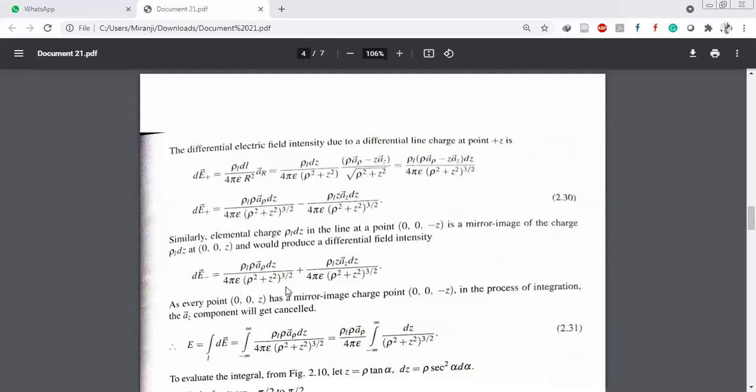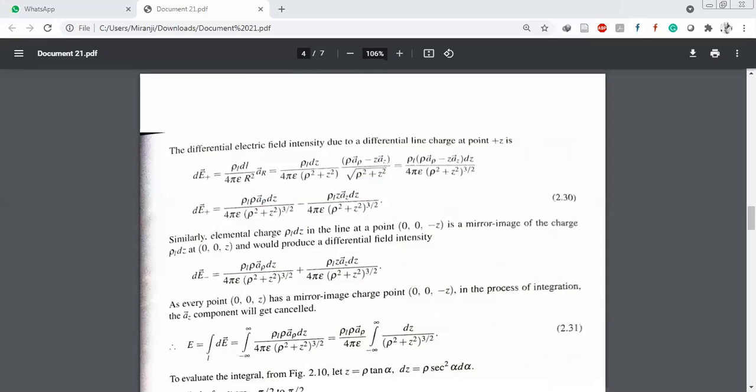Every point (0, 0, z) has a mirror image charge point at (0, 0, minus z), positive on one side and negative on the other.